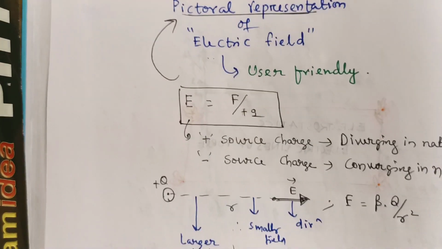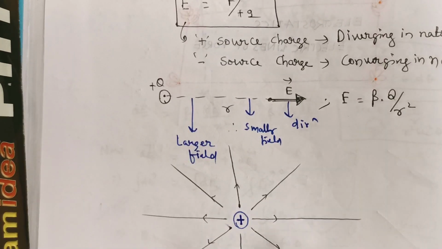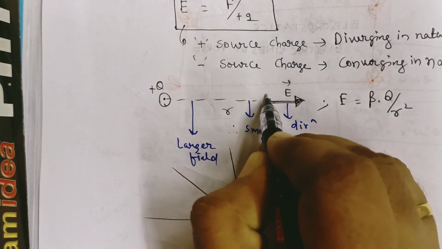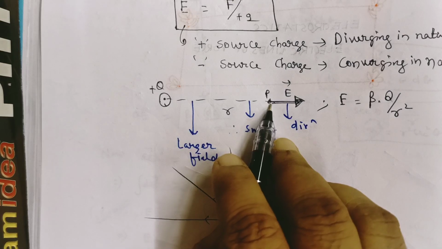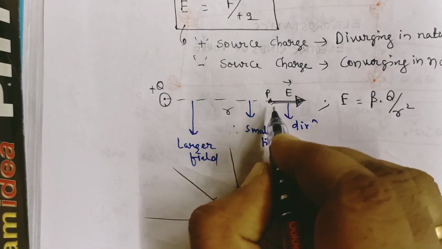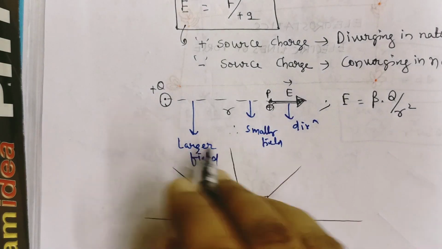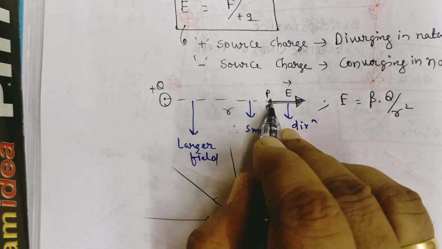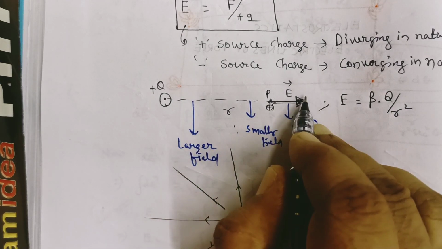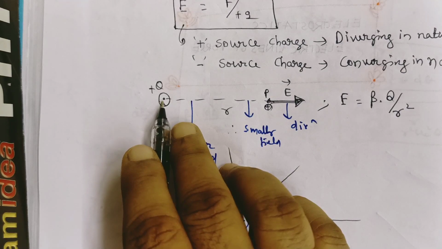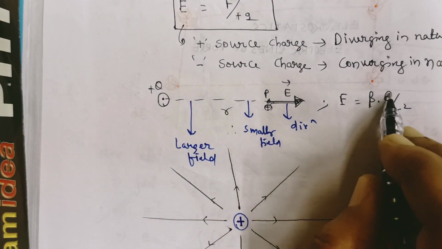For example, see here, as in the previous class we have taken a positive source charge here. Now this is the desired point where you have to calculate intensity. If the source charge is positive and by convention the test charge is positive, then the source charge will repel this test charge. That's why the direction of intensity is outward. And the general formula of electric field intensity due to a single isolated point charge is E = kQ by r squared.